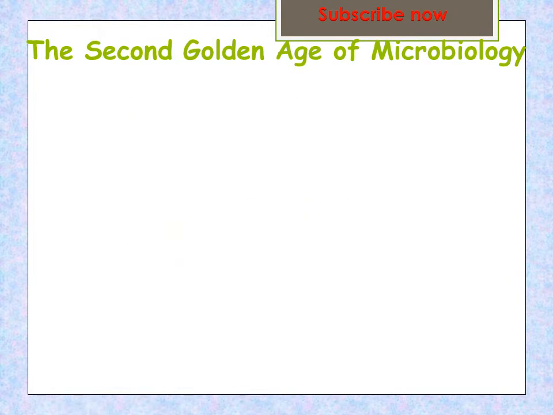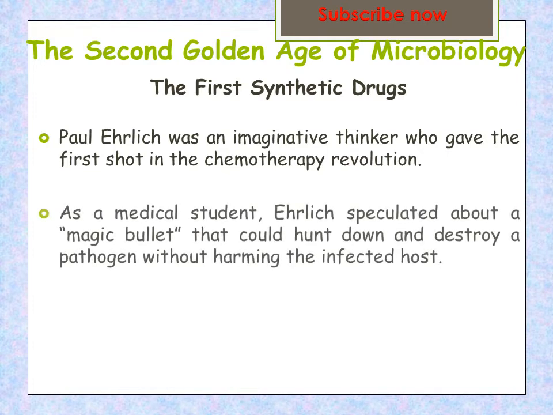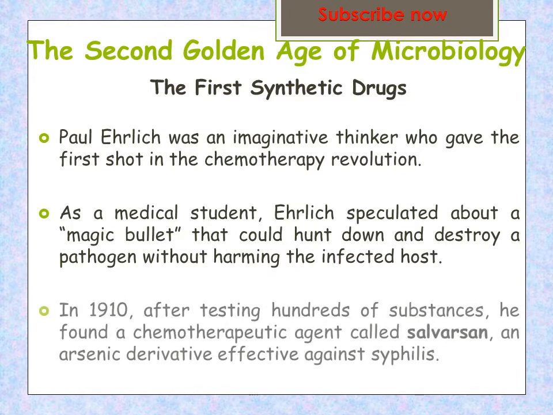The first synthetic drugs. Paul Ehrlich was an imaginative thinker who gave the first shot in the chemotherapy revolution. As a medical student, Ehrlich speculated about a magic bullet that could hunt down and destroy a pathogen without harming the infected host. In 1910, after testing hundreds of substances, he found a chemotherapeutic agent called salvarsan, an arsenic derivative effective against syphilis.